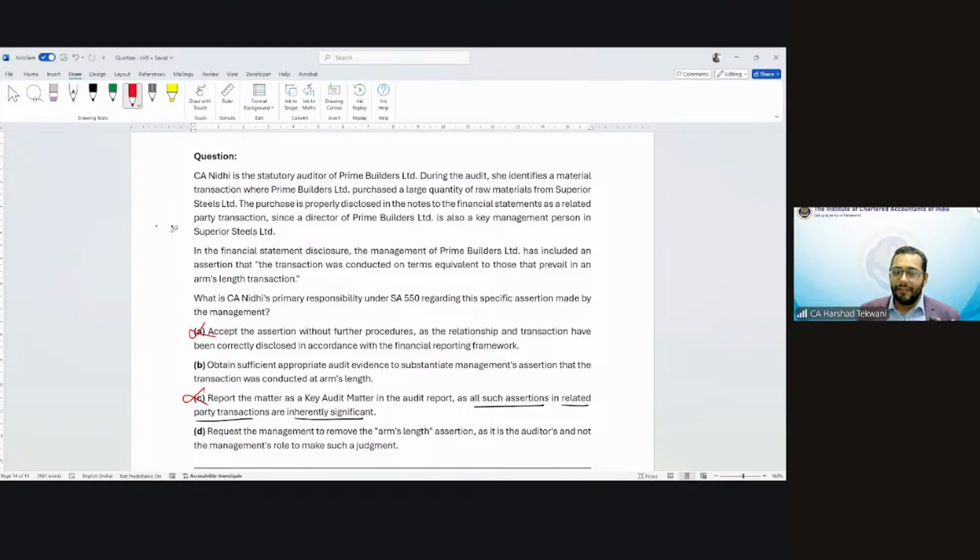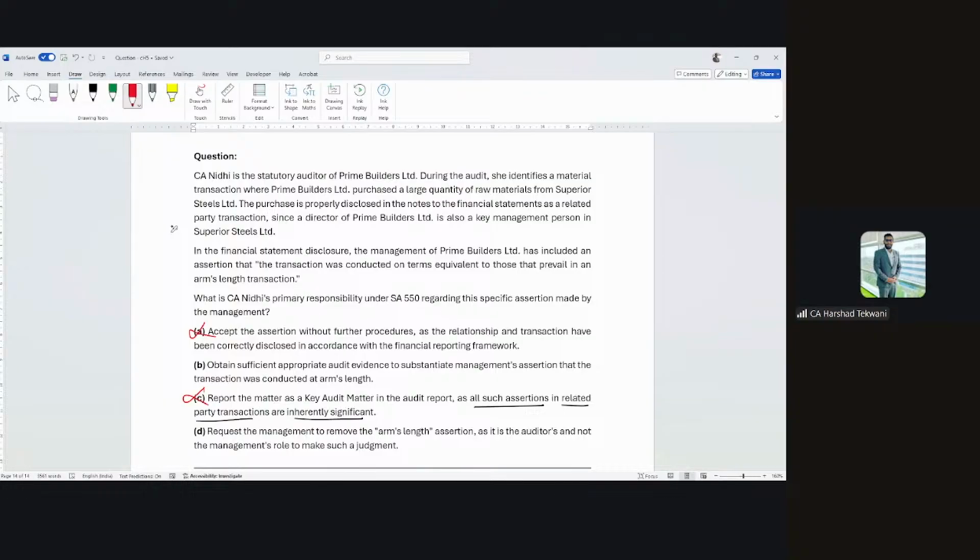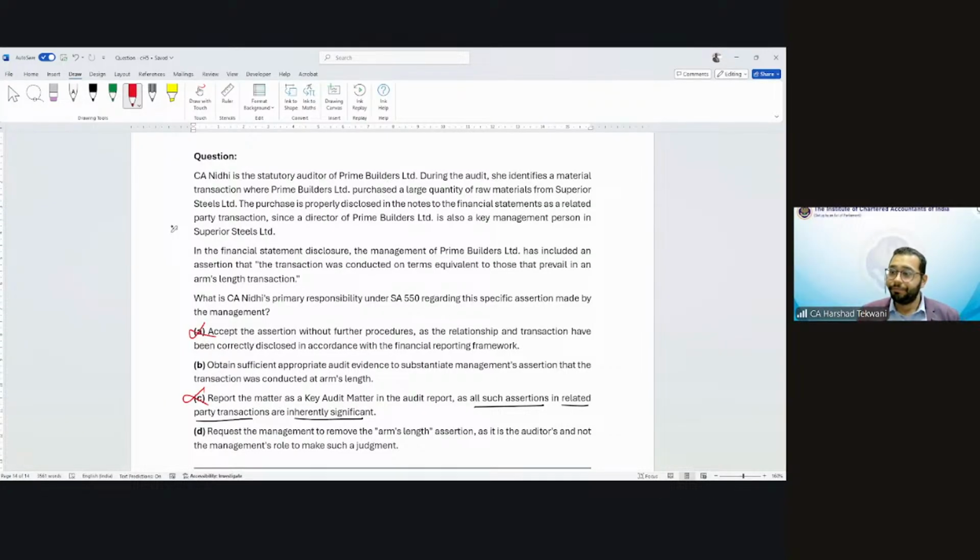We will see in SA 701 how to determine key audit matters. Disclosure is there, but it does not form part of the key audit matter, because it is not meeting the criteria of a key audit matter. Absolutely, correct. So that's why it's not the correct option.